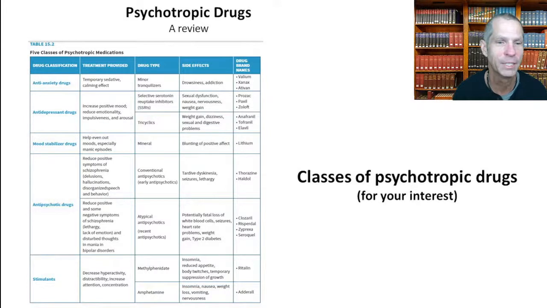We know there are drugs that decrease people's anxiety levels, and these work at the level of your neurotransmitter GABA. We know there are a class of drugs that tend to elevate people's moods.